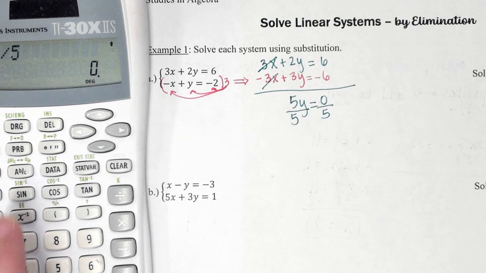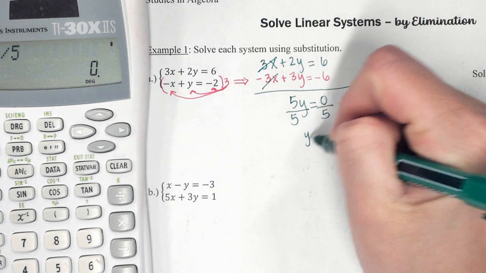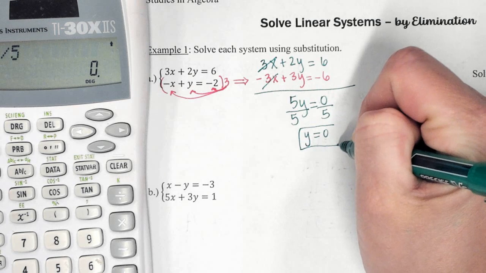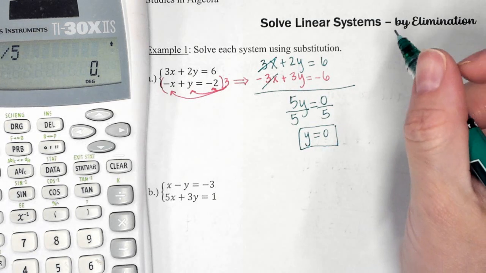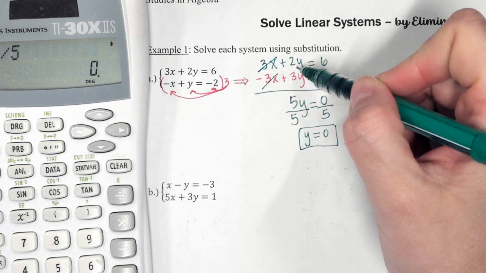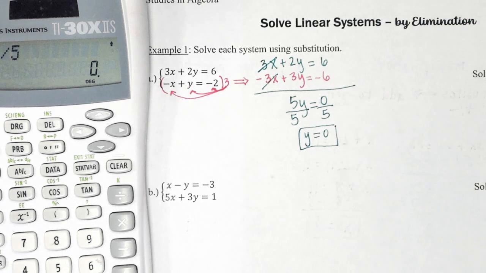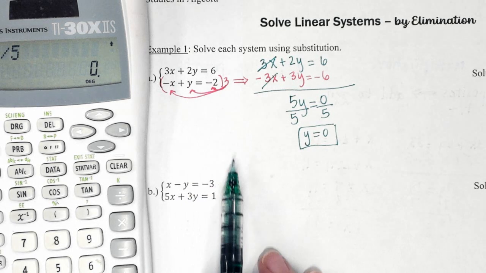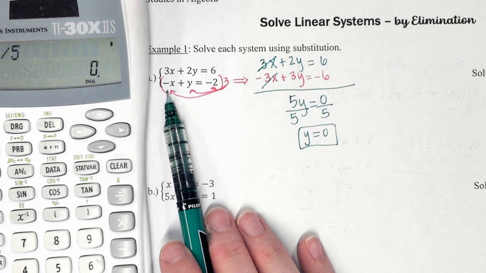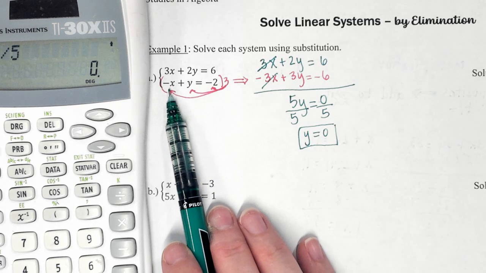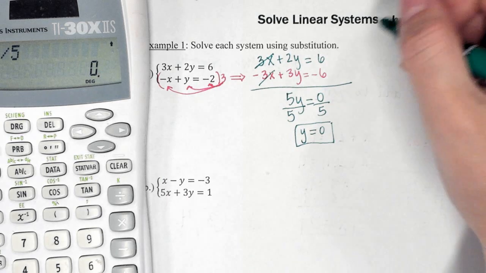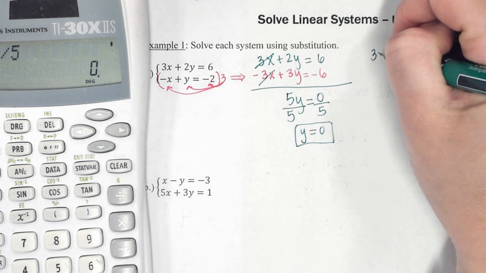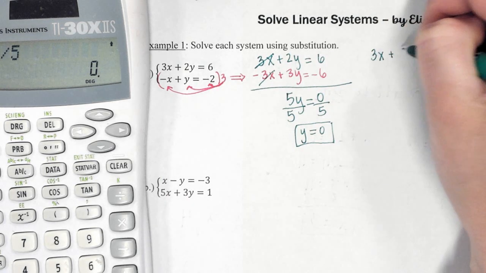Isn't it just supposed to be what? I'm sorry. It should be positive 5 though, right? Yeah. And then when you divide by 5, you'll get y is 0. And then you can choose which one you want to plug it into. Sometimes I try to avoid negatives, so I would probably avoid that negative and plug it into the first one. So this would be 3x plus 2.